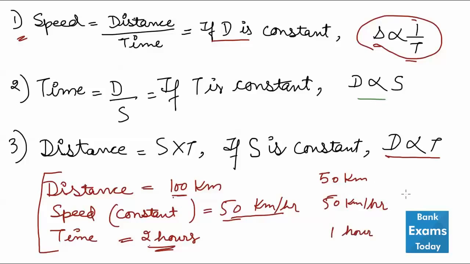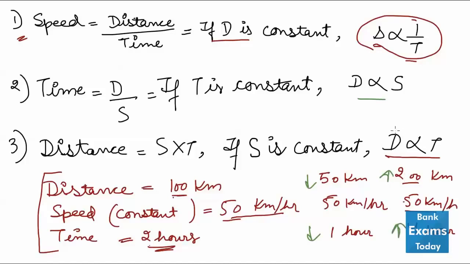In case the speed is constant again, and the distance increases from 100 kilometers to 200 kilometers, we can cover 200 kilometers at 50 kilometers per hour in 4 hours. 200 divided by 50 is 4 hours. So as the distance decreases, the time to cover the distance also decreases, and as the distance increases, the time to cover the distance also increases.